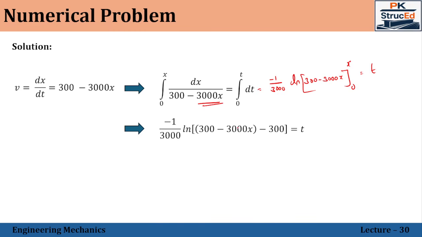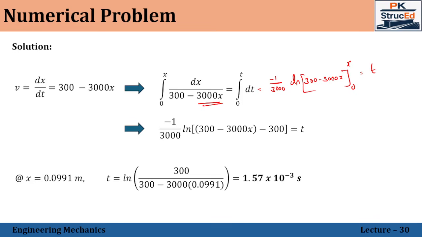So minus ln 300 alone will be there. We are supposed to calculate this for x equal to 9.91 centimeters, which has been written in meters as 0.0991 meter.